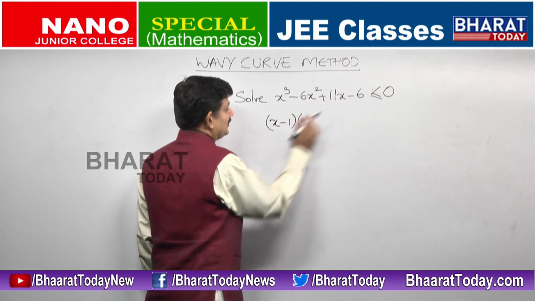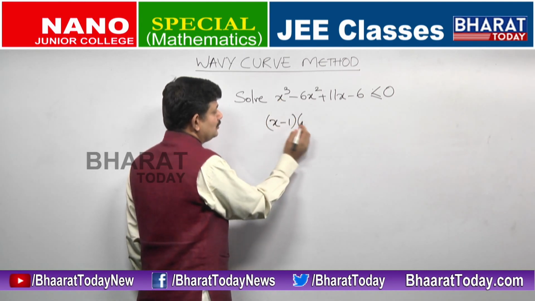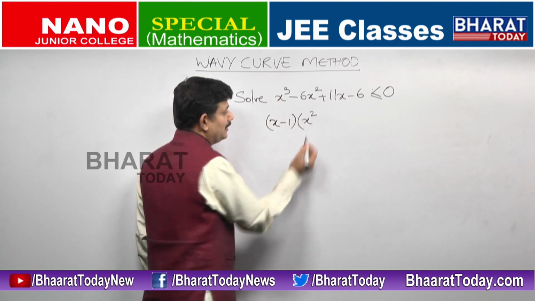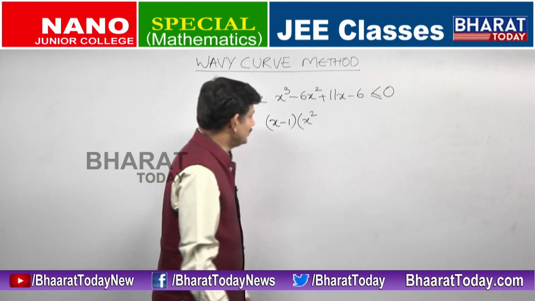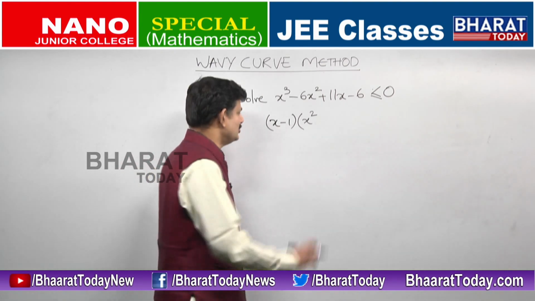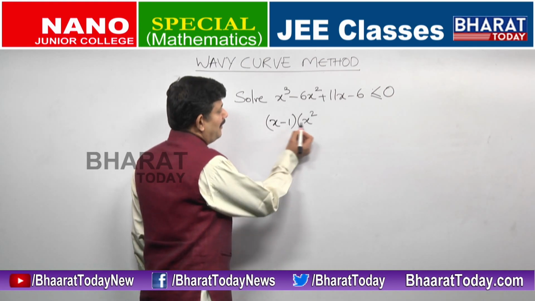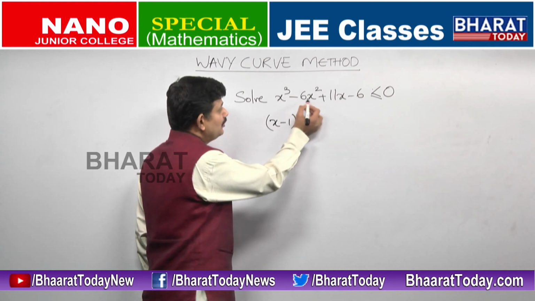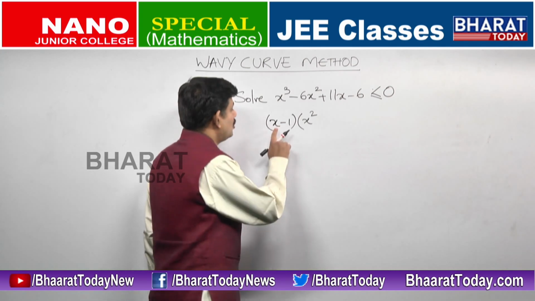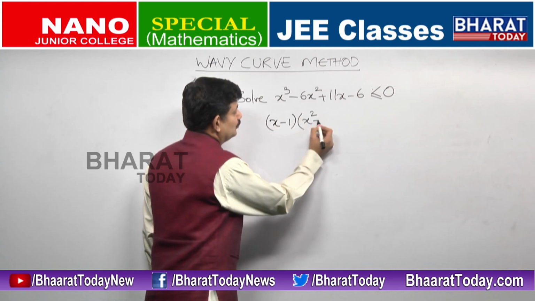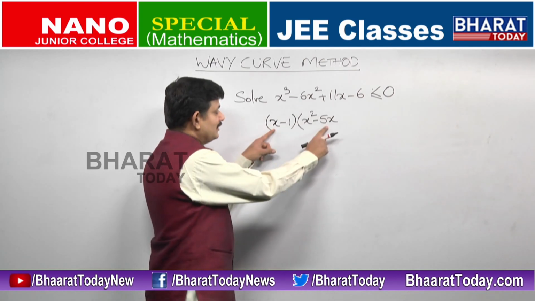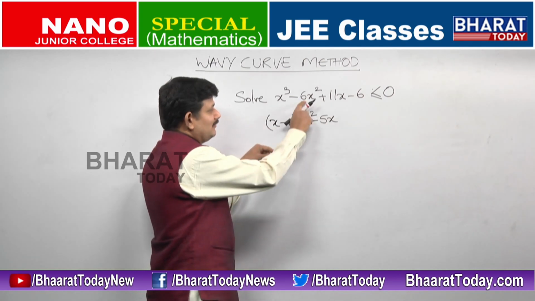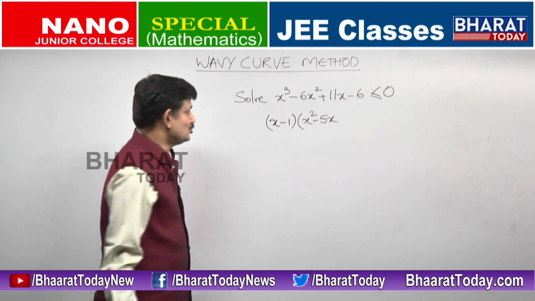So if you further factorize it, I want x cube here, so x should be multiplied by x square. You can do synthetic division if you are comfortable, but this method will be very easy once you practice. Minus x square I have. I want minus 6x square, so I want one more minus 5x square. Minus 5x square minus x square will make it minus 6x square.